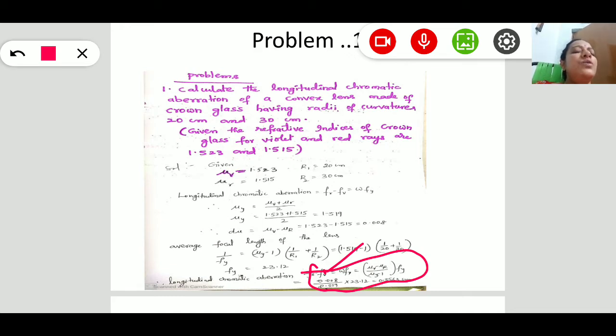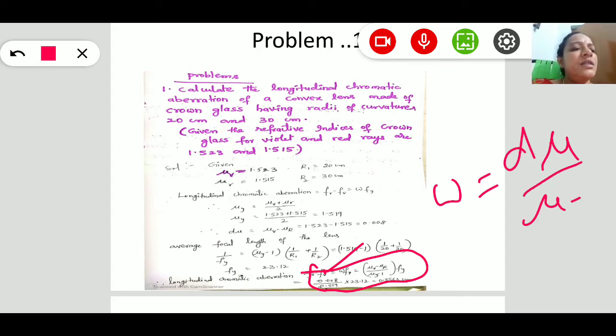Omega is equal to d mu by mu minus 1, that is, mu v minus mu r by mu y minus 1, for the two colors violet and red. This is our required formula. In this, we have to find mu v, mu r, and mu y.